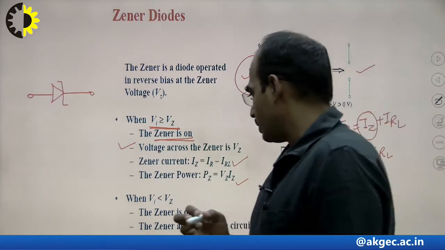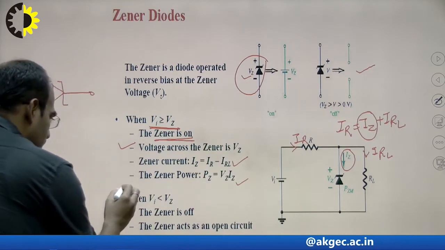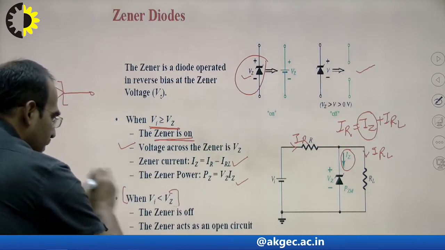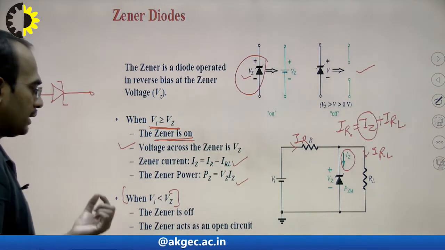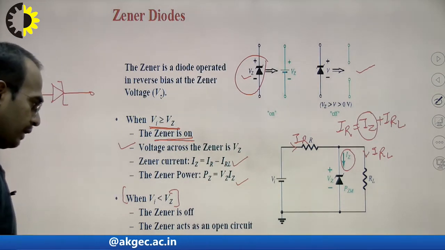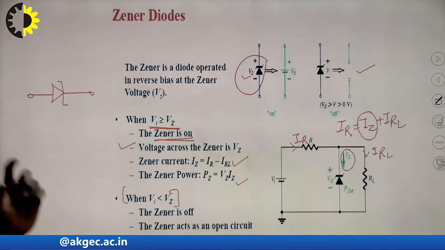When the Zener is not conducting, the condition is that Vi is less than Vz. The input voltage is less than Vz, so the Zener will be off and it will act as an open circuit.